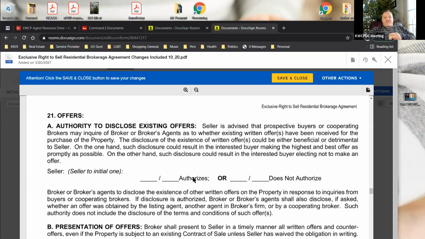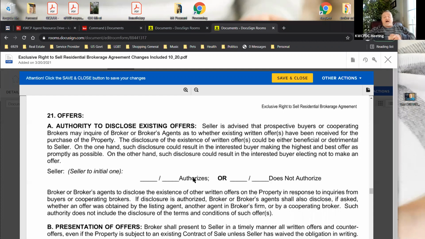On the one hand, such disclosure could result in the interested buyer making the highest and best offer as promptly as possible. On the other hand, such disclosure could result in the interested buyer electing not to make an offer. So both of those two scenarios are plausible and possible.